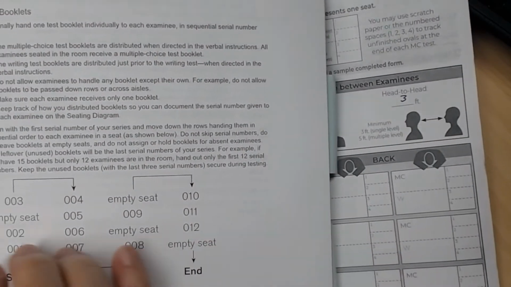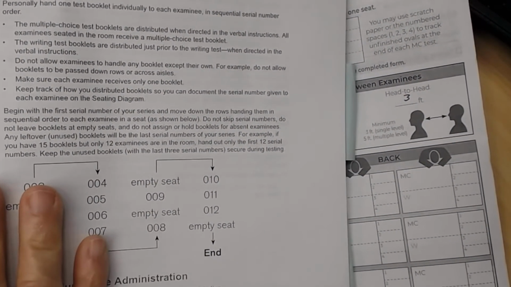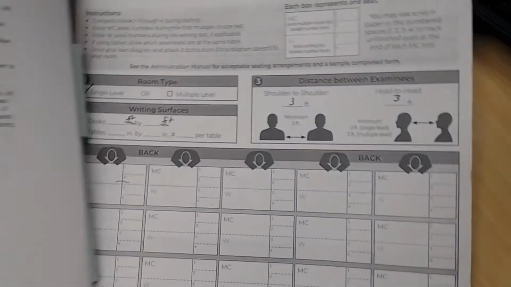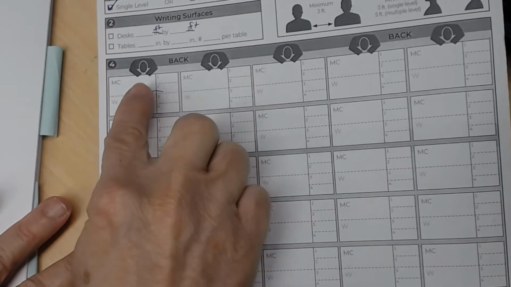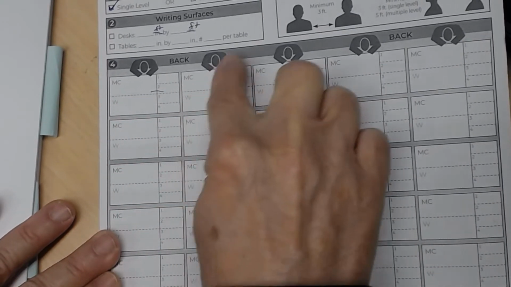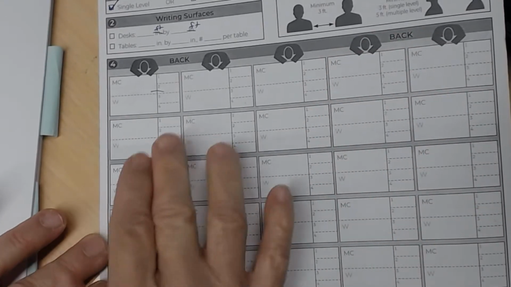All right, so your test booklet should already be in sequential serial number order. You're going to start with the first one, however they're seated, and then go like this. Just make sure it's in sequential order.